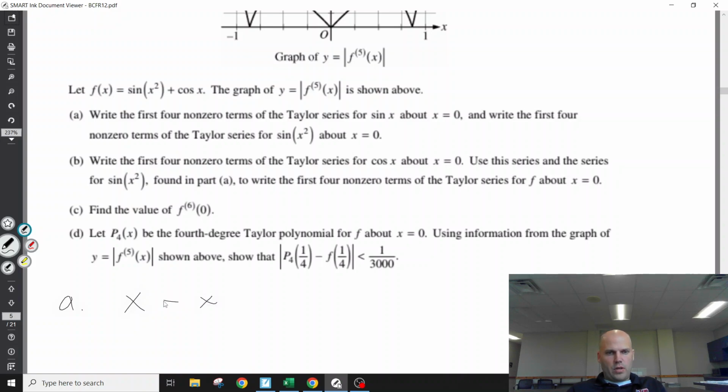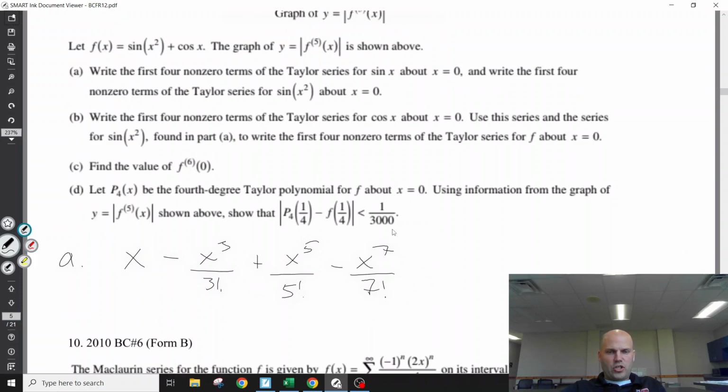So this is the one where we start at x and we start skipping. They don't even ask you for the general term. Sine of x squared, compose. Don't simplify unless you really have to.